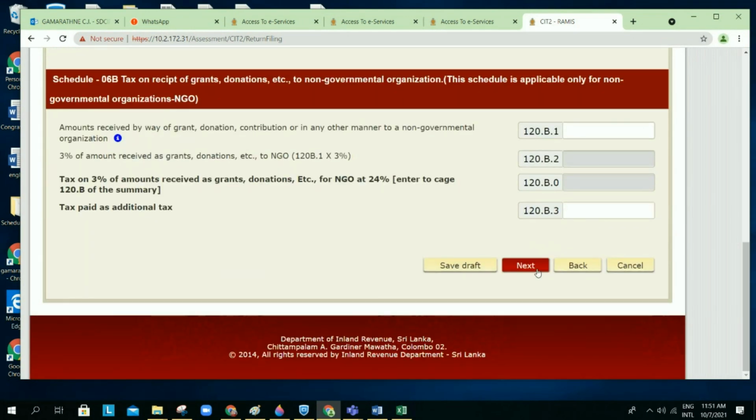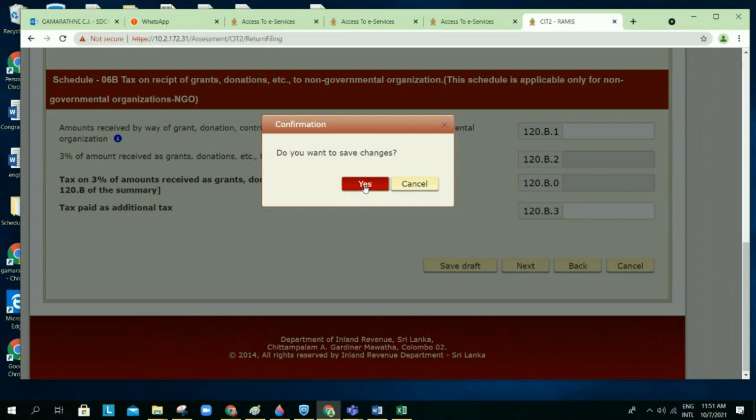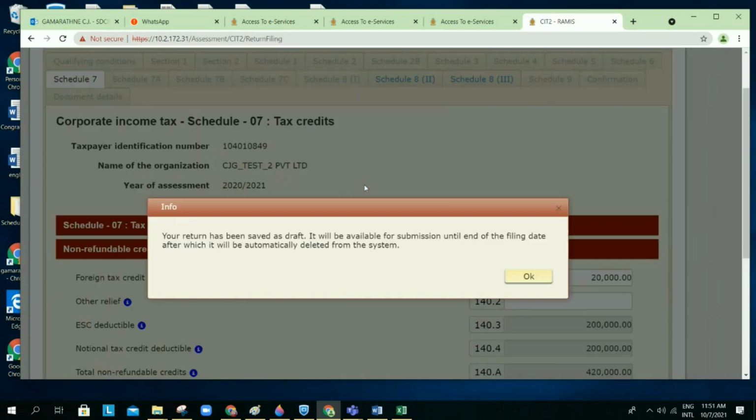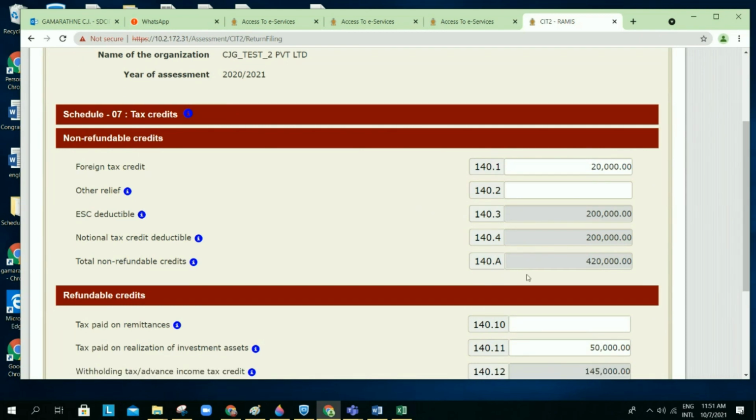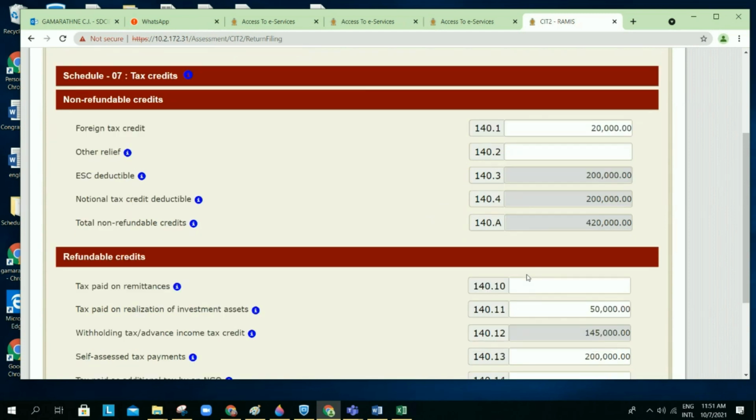Schedule 7, credit schedule. If you have a foreign tax credit, as in our example, we have 20,000 foreign tax credit for tax paid at IRAS, Singapore Tax Authority. Then we can declare it here.